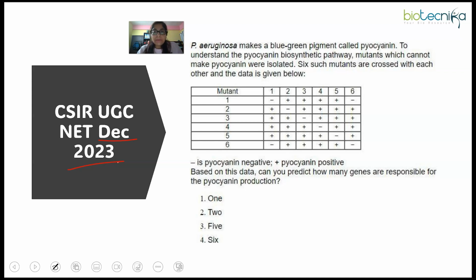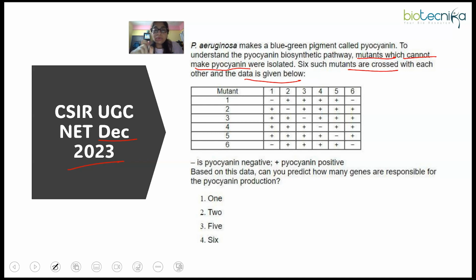P. aeruginosa makes a blue-green pigment called pyocyanin. To understand the pyocyanin biosynthetic pathway, mutants which cannot make pyocyanin were isolated. Okay. So see, all the mutants have the same phenotype. What? That they cannot make pyocyanin. 6 such mutants are crossed. So, we are crossing mutants with each other, and the data is given below. I told you to find out whether it's a complementation test or not.